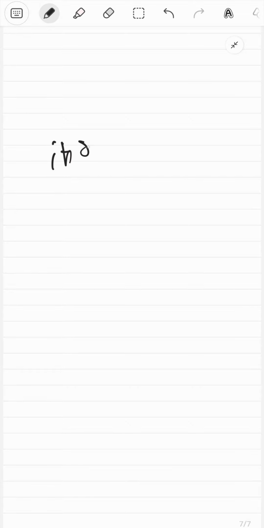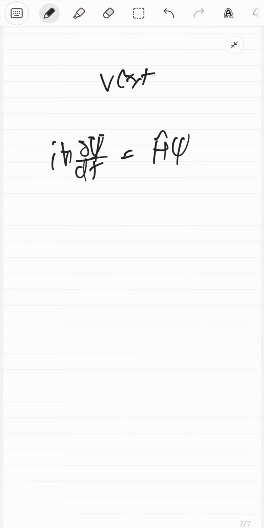So i h bar partial psi by partial t. So assuming that the V thing is not a function of time, what you can say is that this h hat thing is also not a function. Okay, this is kind of weird, operator is not a function, but you get it, right? That this does not involve time, right?